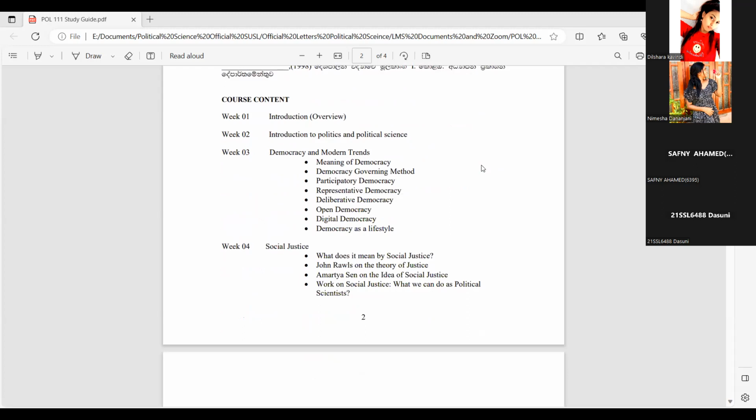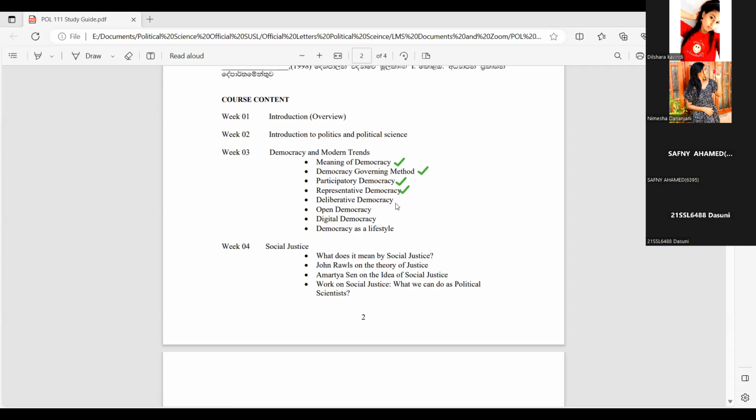These are the topics and subtopics: introduction to politics and political science, democracy and modern trends. As I mentioned before, many of you may be aware about these things, right? Democracy as a governing method, participatory democracy. I think you may be aware about these things.